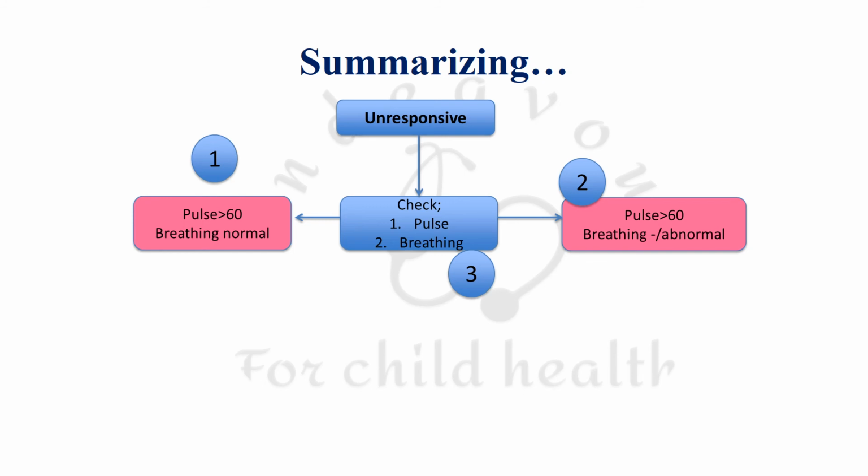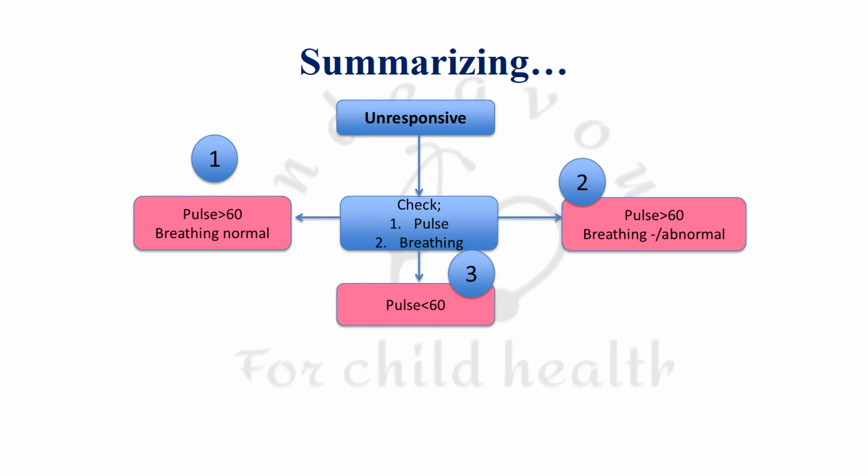And the third scenario can be when all three are impaired. The child is unresponsive, the pulse is also low, less than 60 per minute, and anyone who has a pulse rate less than 60 per minute cannot have normal breathing. So the breathing is either absent or abnormal.